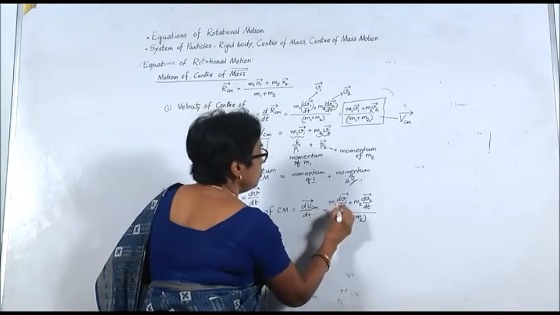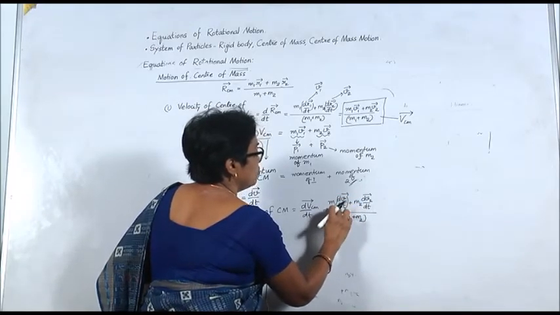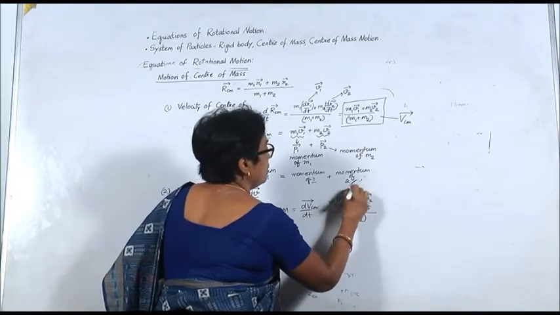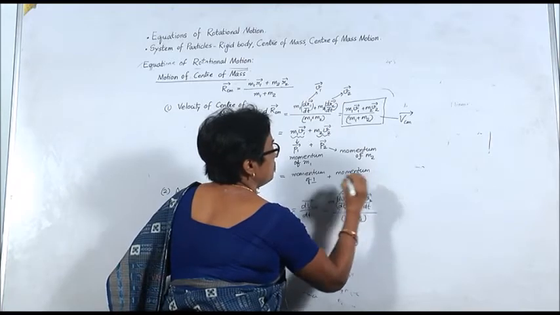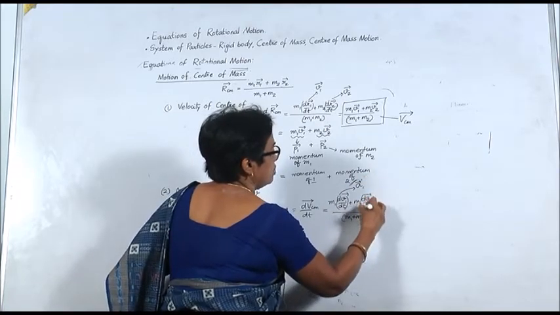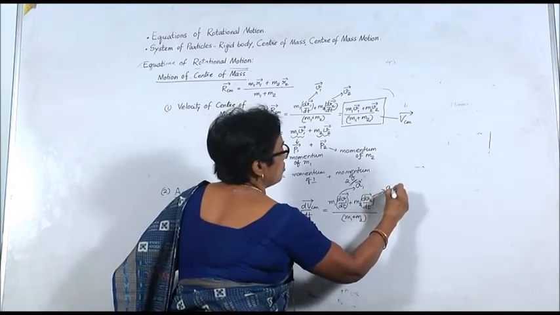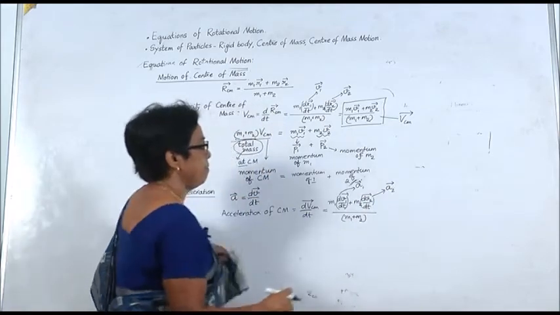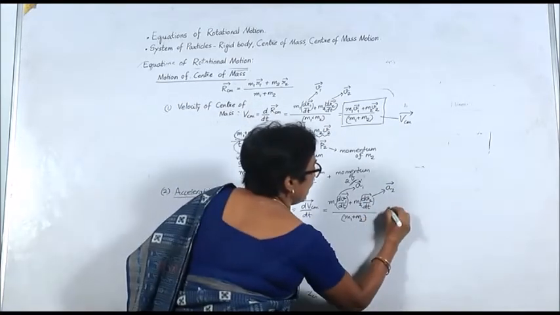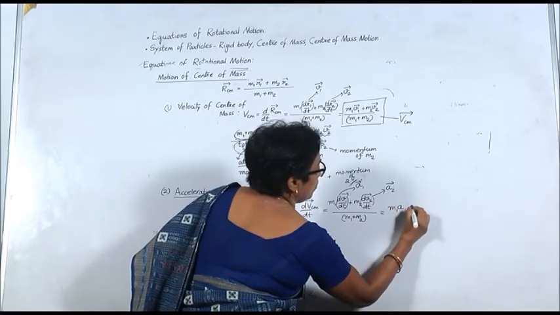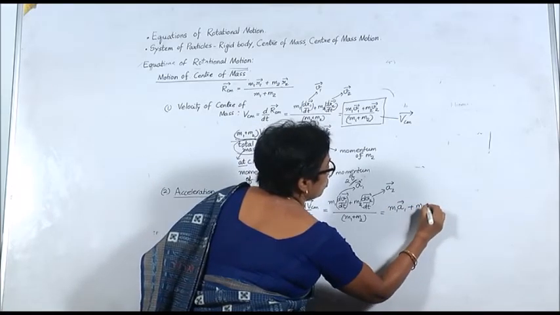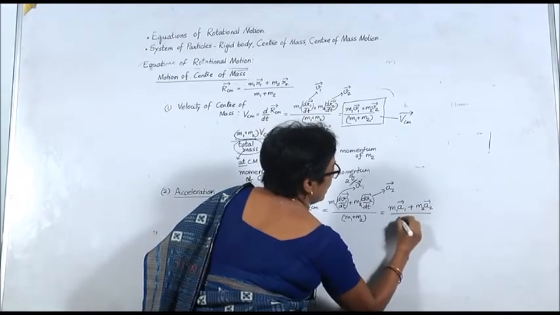Now, what is dv1 by dt? Rate of change of velocity with time. That means this is the acceleration of the first particle. This is nothing but the acceleration of the second particle. So, this is equal to m1 a1 plus m2 a2 by m1 plus m2.